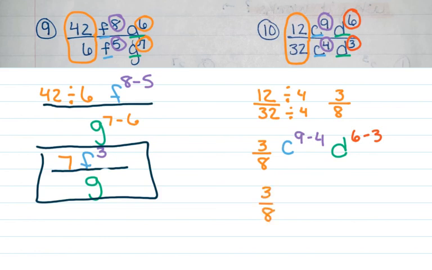So we get c to the 5th and d to the 3rd. So you can leave it as 3/8 c to the 5th, d to the 3rd, or we can write this as a fraction, which is how we'll see it. So 3 c to the 5th, d to the 3rd, and then our denominator is 8.